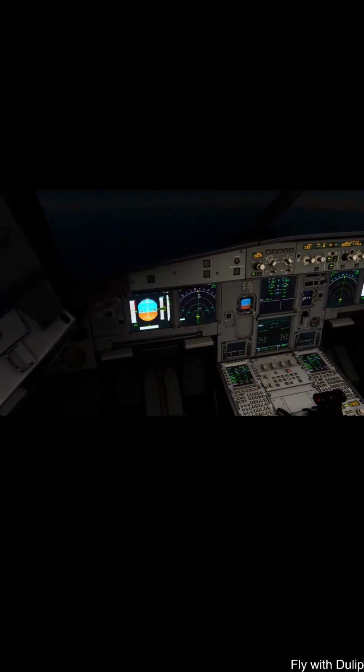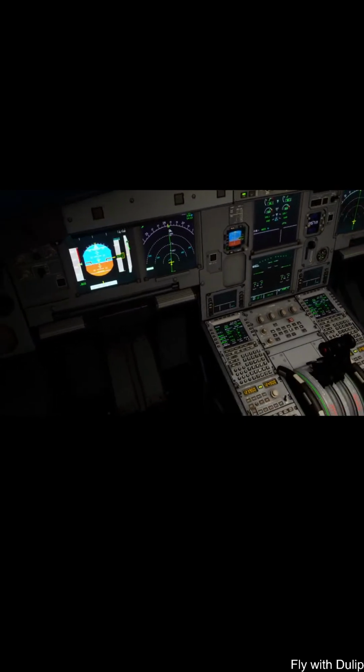Okay, this is a very short journey. You can see we are, I mean, from now. Malé control radio check.